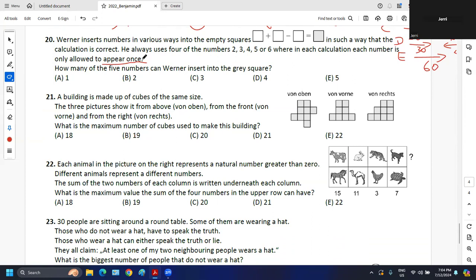So first, let's see if we can fit in 2. So first, we're pretending that we could do 2, so here's 2. Then if we want to get 2, we can use 4 plus 3, which is 7, and then minus 5.